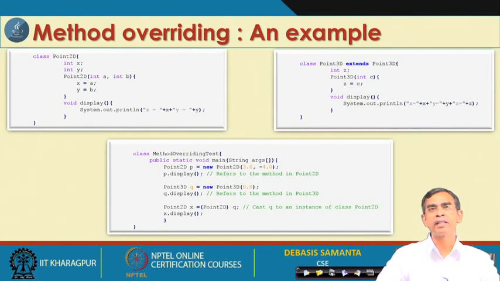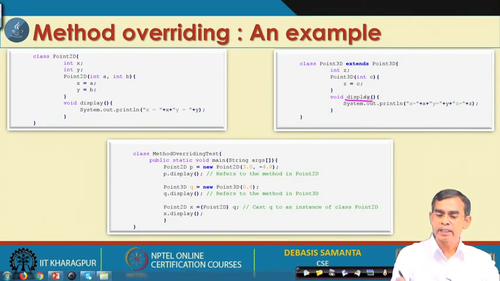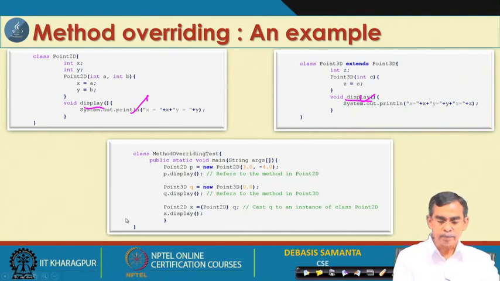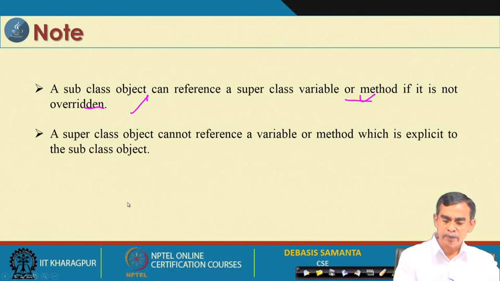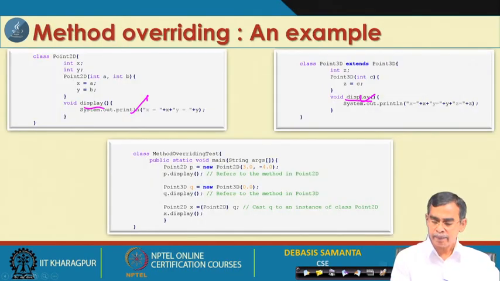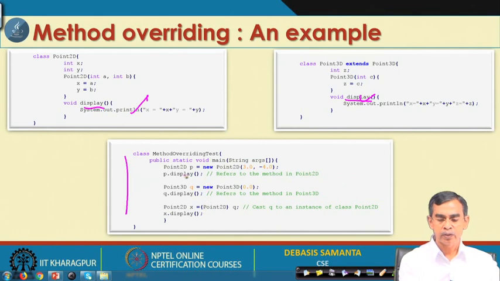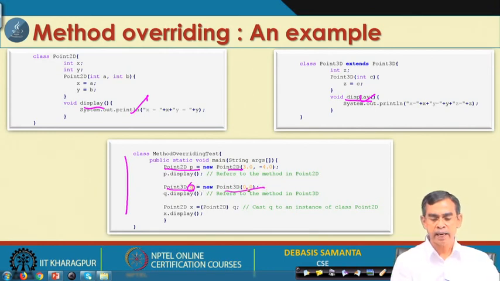This is again a continuation of the previous example that we discussed. Here the display method declared here overrides this display, and then we can use it in this program, as we can see here. Point2D P is a point of the 2D class and Point3D Q is a point of the 3D class, and here you can see X is another variable which we have created, which is upcasting.